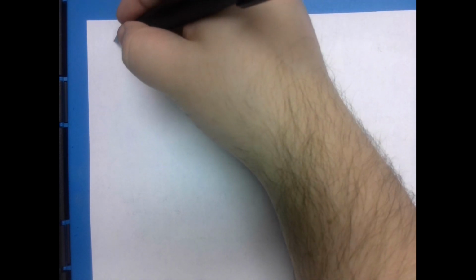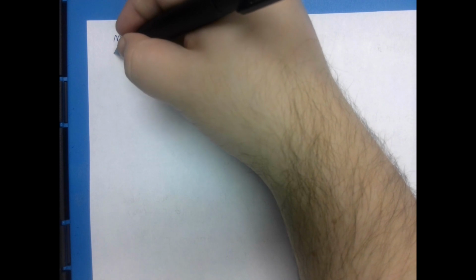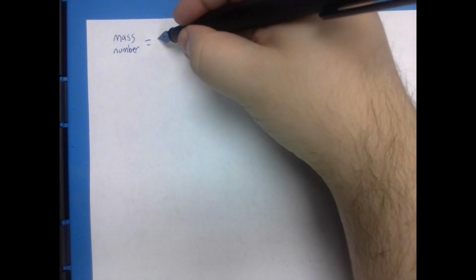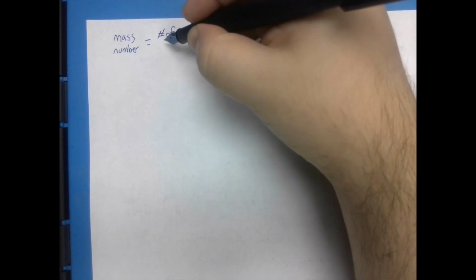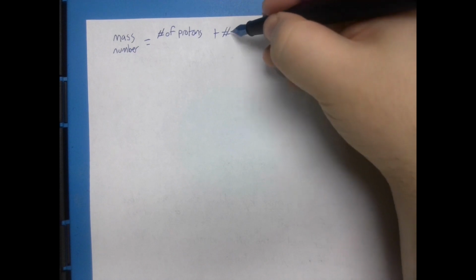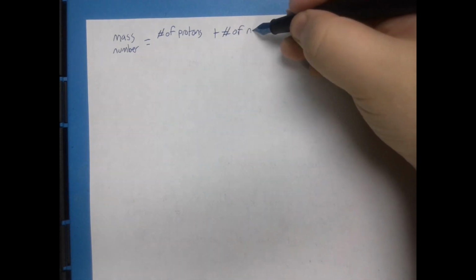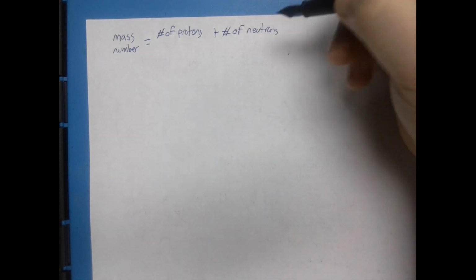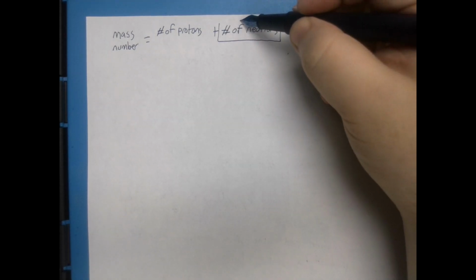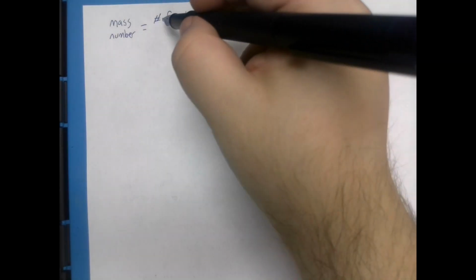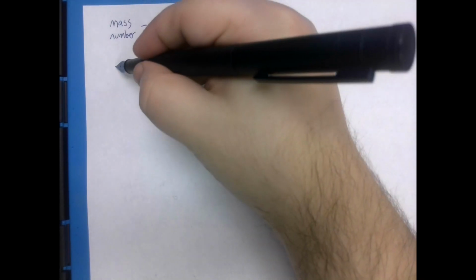So let's look at the number of neutrons. Again, mass number is equal to number of protons plus number of neutrons. If you want to solve for the number of neutrons, we just subtract the number of protons from both sides.